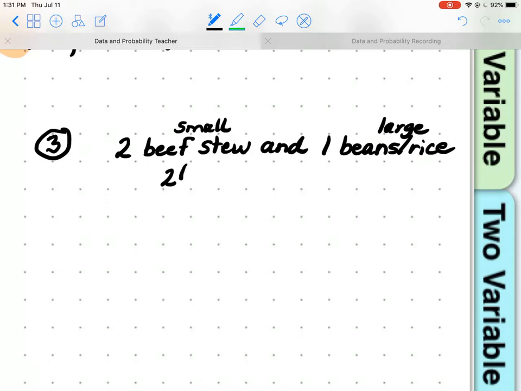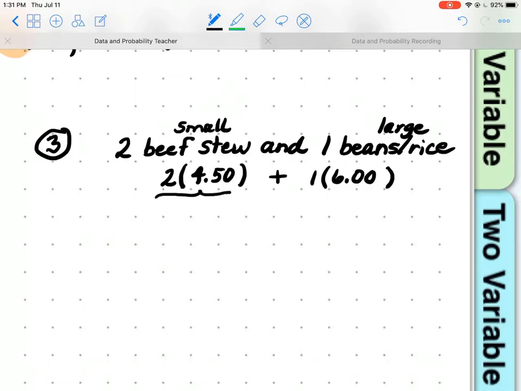So 2 of the small beef stew, if you look at your chart, that's $4.50, and we need 2 of those. The word "and" means add, and 1 beans and rice large. So a large beans and rice is $6.